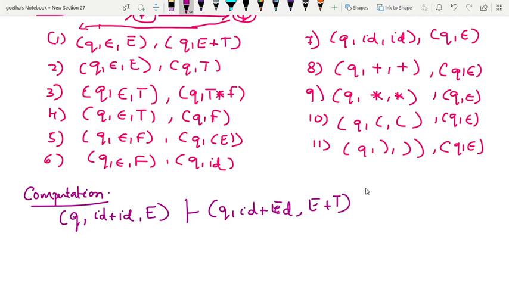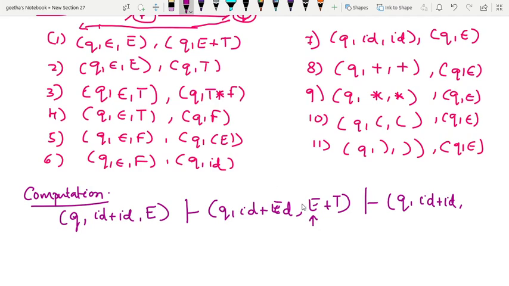Next, this will be similar to the derivation. So Q, comma, ID plus ID, and now E can be changed to T. Now your pointer will be at this place.